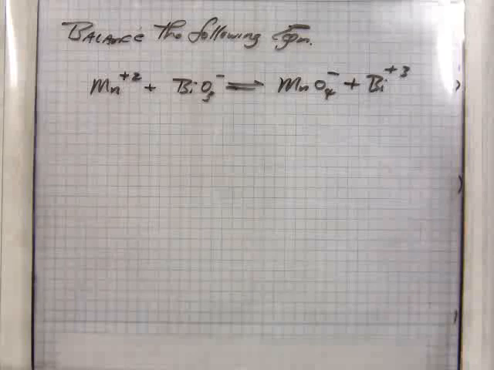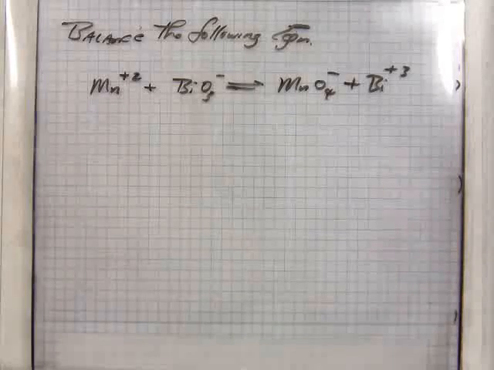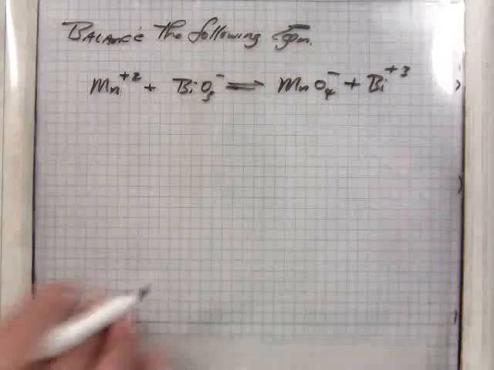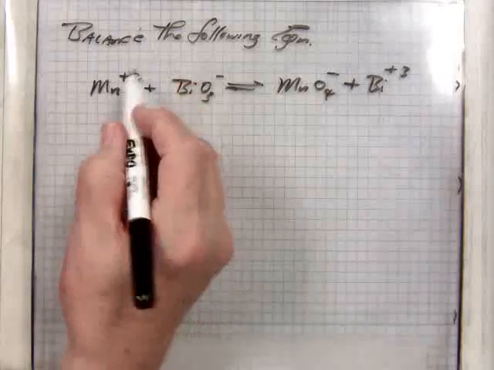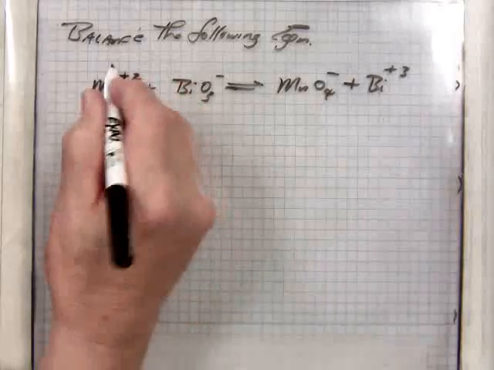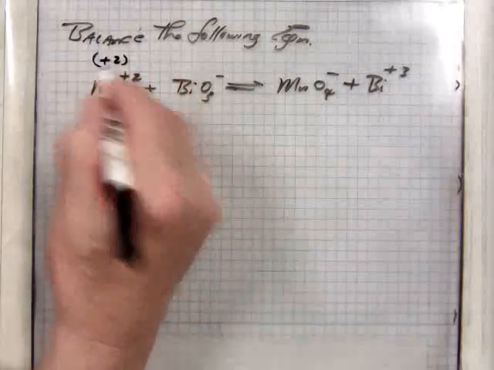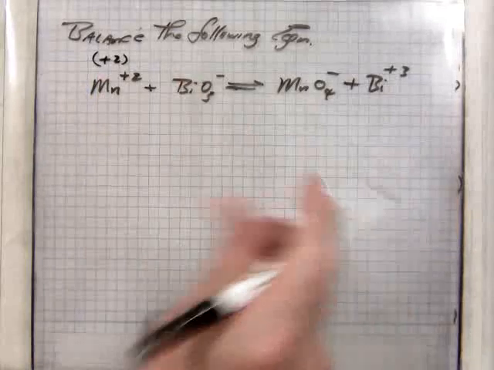There are cases, and you'll see one in the next example that is off the charts. I may not even use that. The elements by themselves with an oxidation state listed is the oxidation state, so I'll just put that up there as a +2.